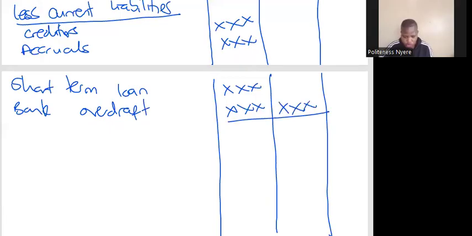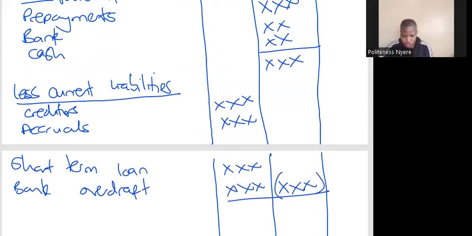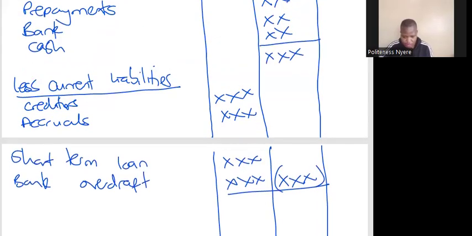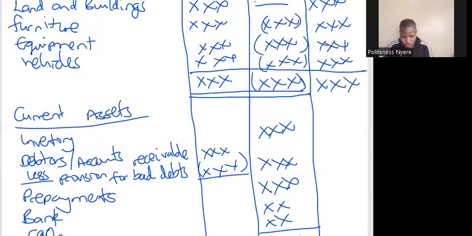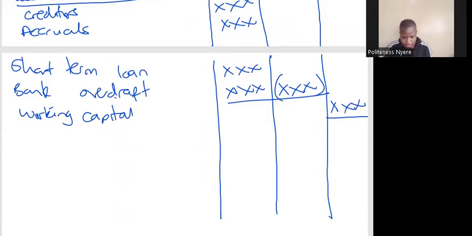So we are going to say the total for current assets minus the total for current liabilities, so that we can get what is known as the working capital. So we are going to add the working capital with the total for the net non-current assets. Then we are going to get a figure.